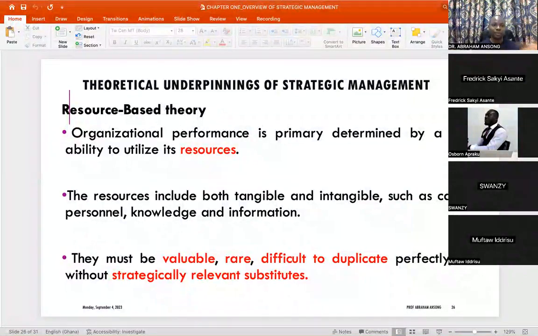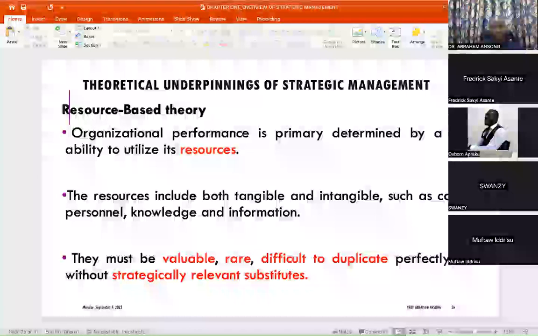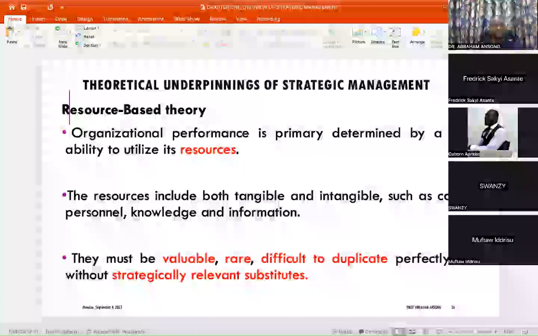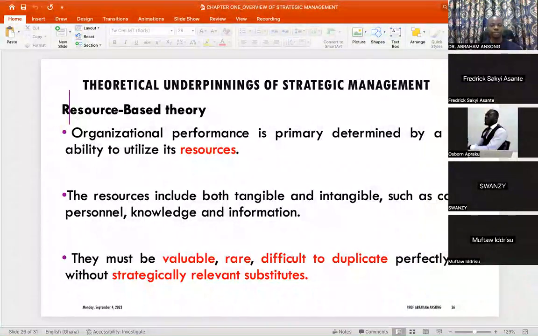Okay, so if we combine these theories together, you can see that IO is looking at the external or industrial environment, whilst resource-based view is looking at the internal environment, which are the resources that you have as an organization. The resources include both tangible and intangible, such as capital, personnel, knowledge, and information.